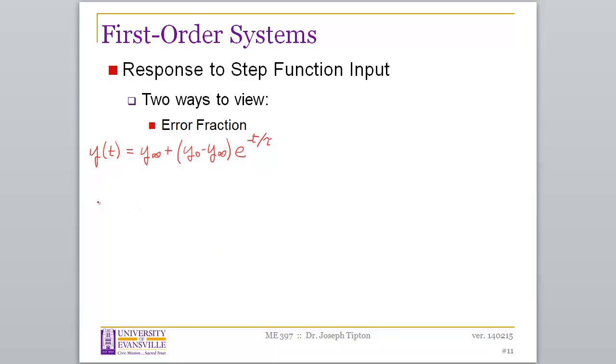Okay, I'm going to call my error fraction capital Greek gamma. And what I'm going to do is bring this over and then divide through by this quantity. So I'll have my system response minus the system response after a lot of time has passed, my steady state response, and then divide it by this grouping. And then I'm left with, on the right hand side, e to the minus t over tau.